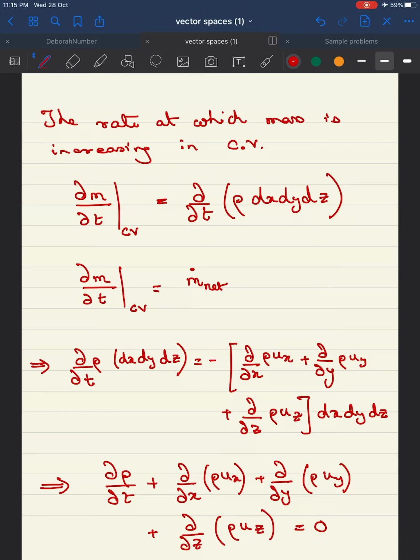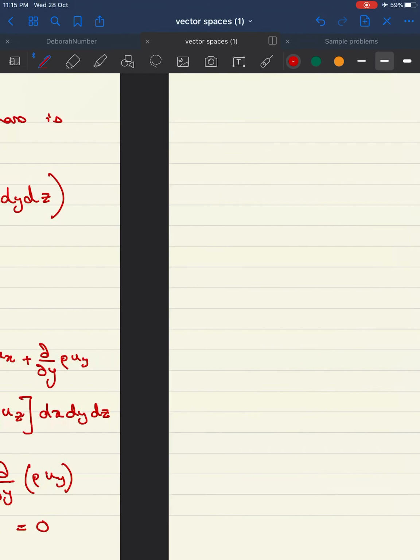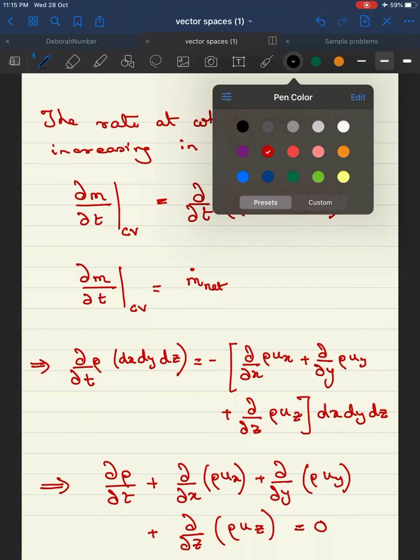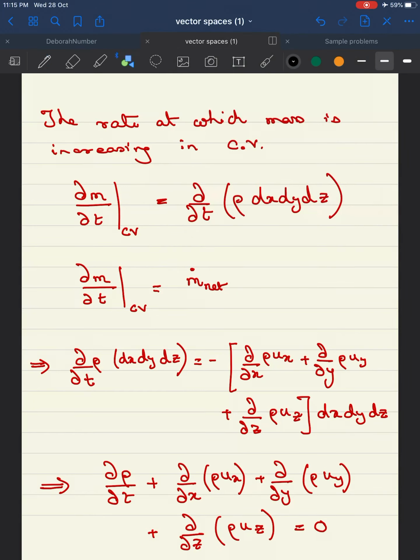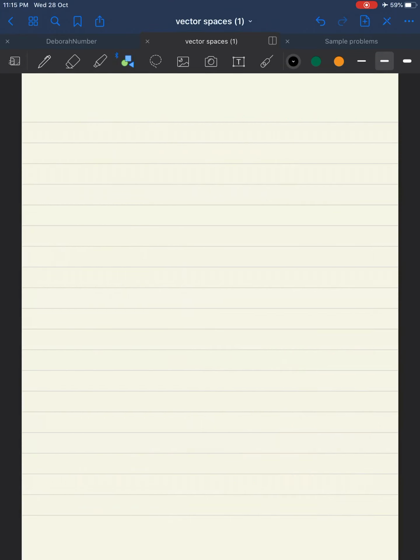Great. So this, by the way, is the equation we are looking for in component terms, right? This is the continuity equation.